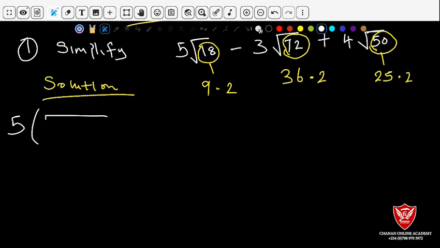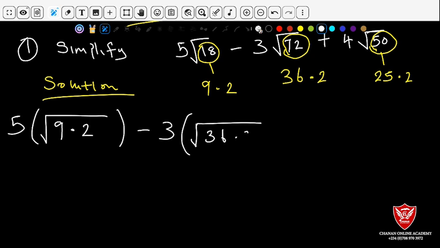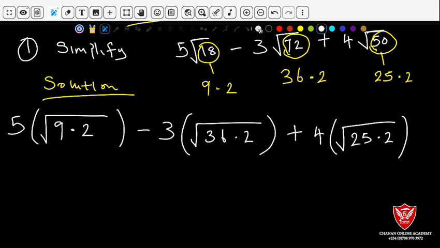All right. So then we can say it's equal to 5 brackets, the root of 9 multiplied by 2, minus 3 brackets, the root of 36 multiplied by 2, bracket close, plus 4 brackets, the root of 25 multiplied by 2.